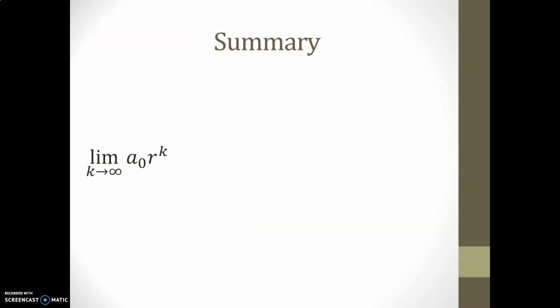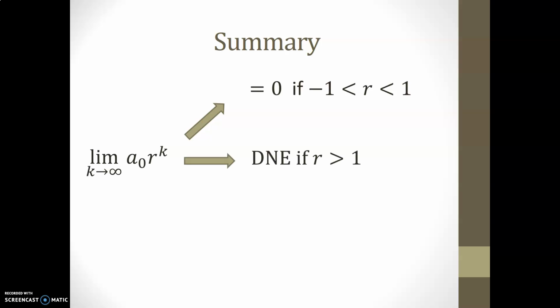So to summarize, any geometric sequence whose general form is A0 r to the k will head towards 0 if the ratio is between -1 and 1. If it's positive, then the terms will be positive and simply go towards 0. If the ratio is negative, it'll alternate, but the size will shrink.